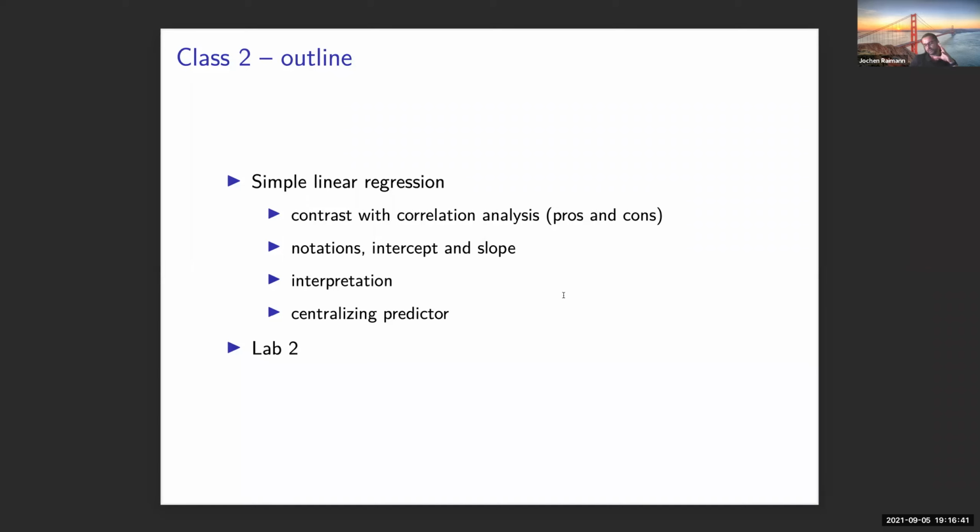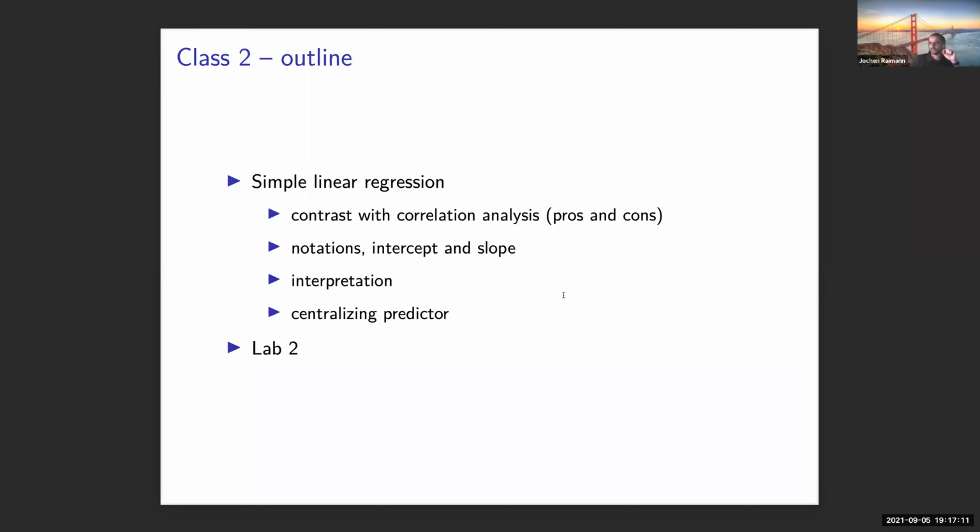There are some very peculiar ways how notations are presented to you in regression analyses. And in this context, it's also important to understand what the components of regression analysis are, what they mean, and what they imply. This includes particularly intercept and slope. And you will very soon see what is meant by that.